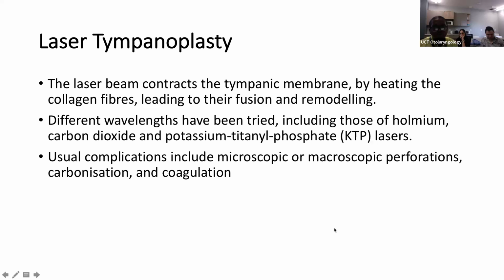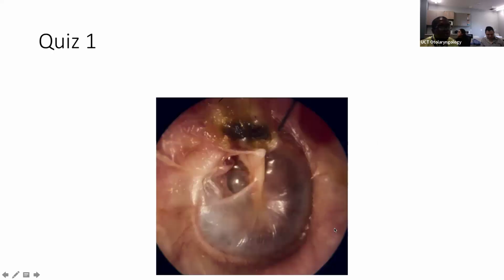So as I come to an end, I wanted to just use these pictures to quiz myself. Like if I'm in the clinic and a patient comes and I examine and I find something like this, what would be my approach?